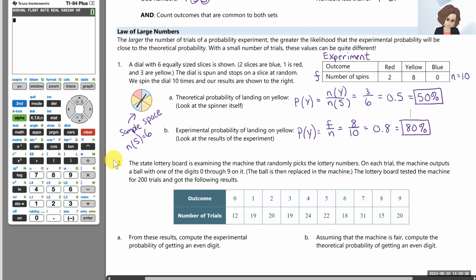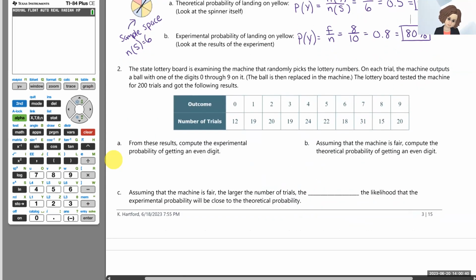Okay, so let's try this one, number 2. The state lottery is examining the machine that randomly picks the lottery numbers, and on each trial of the experiment, the machine outputs a ball with one of the digits 0 through 9. So every ball has a digit on it, and the lottery board was testing the machine for 200 trials, and these were the results.